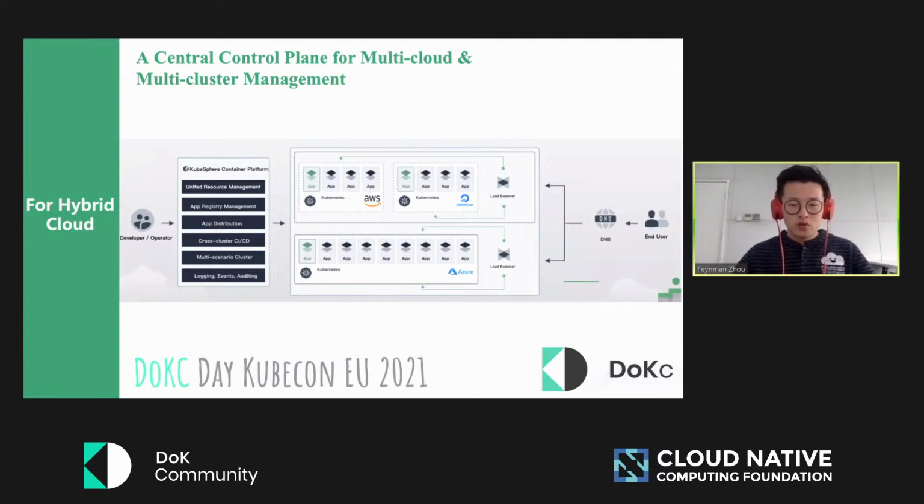At this point, we can draw the conclusion that KubeSphere is positioned as a central control plane for managing multi-cloud and multi-cluster. It is designed for hybrid cloud, so users can easily distribute and deploy a cloud-native application across different Kubernetes clusters.